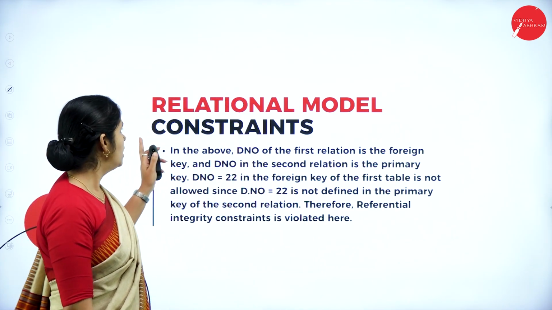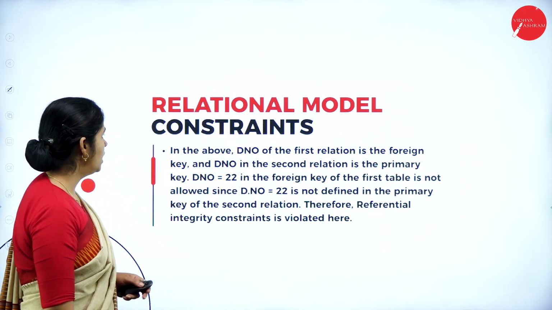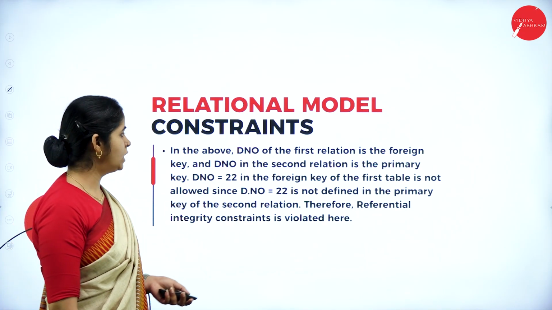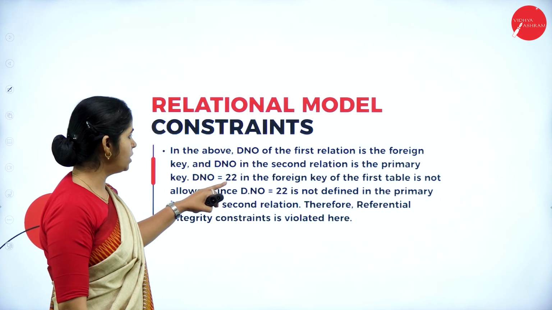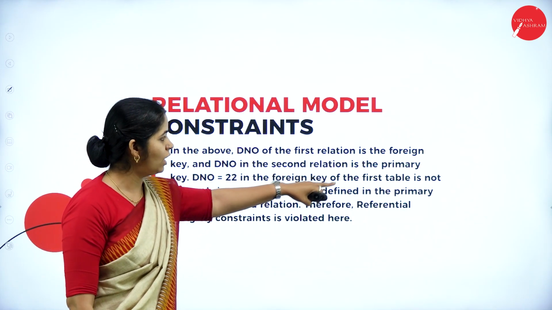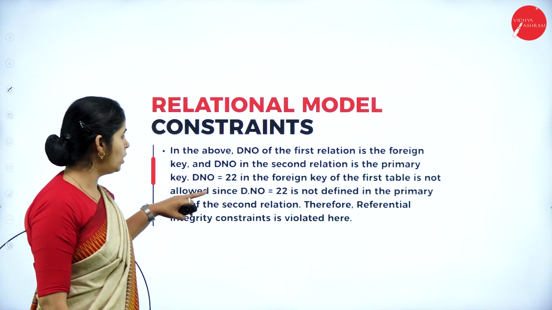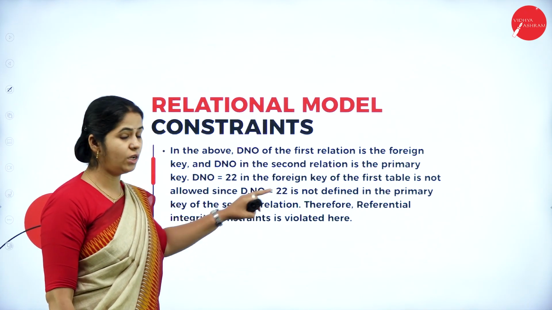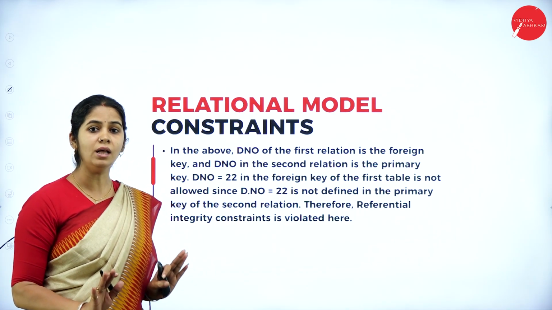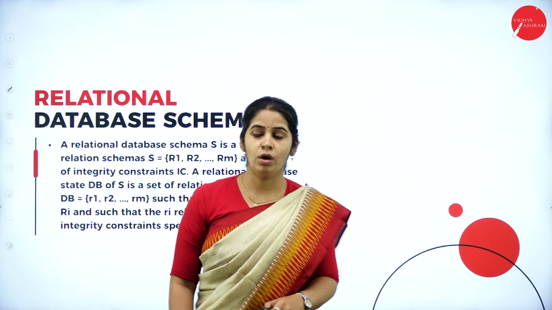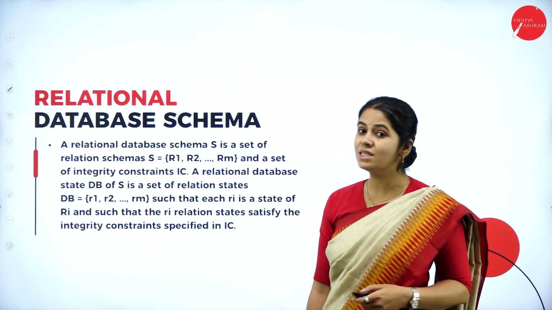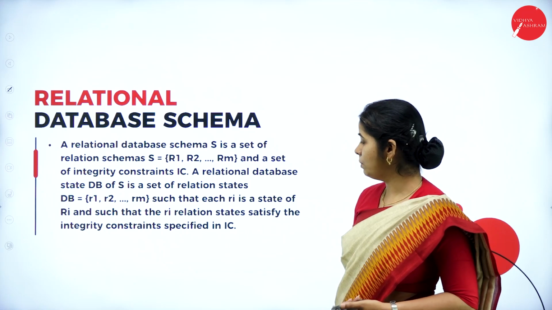Then what we have is the relational model constraint. The same example has been explained. A department number equal to 22 as a foreign key of the first table is not allowed, since department 22 is not defined in the first table. Then we have the relational database schema. What is a relational database schema?